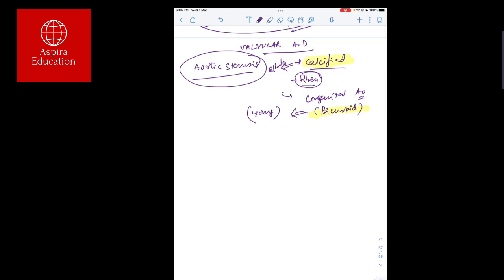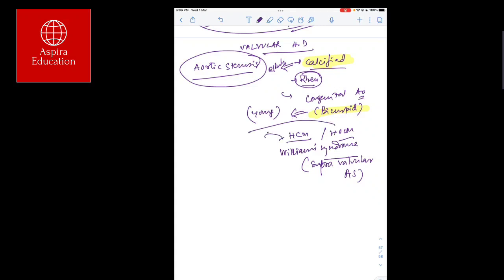Now, coming to where else we can get aortic stenosis: it can be in hypertrophic cardiomyopathy or hypertrophic obstructive cardiomyopathy. It can be in some syndromic conditions, like Williams syndrome, where we find supravalvular aortic stenosis, so above the valve, the pathology is over there.